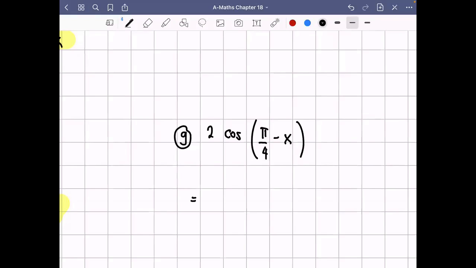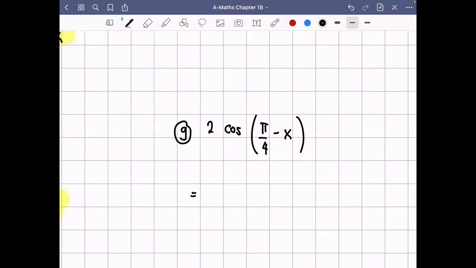So we have here, all right, let me do that step by step. So this is 2, right? We have 2 here. I'll just bring down 2 first. And then what is the coefficient of this? It's a negative 1, right? So times a negative 1, right? And then the derivative of this is what? It's a negative sine of pi over 4 minus x.